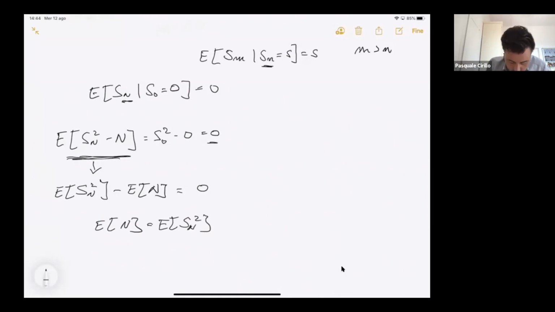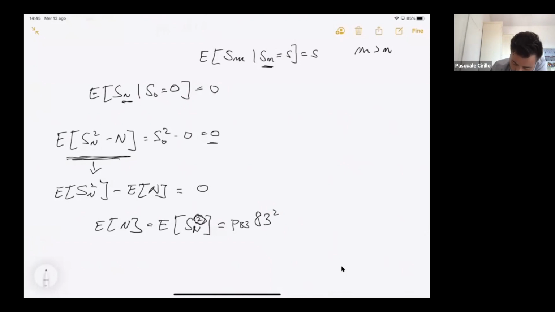So let's see what the expectation of Sn squared is. It is the probability that at time n I am in state 83 times 83 squared. Remember that we are looking for the moment of order 2, so we have to square the payoff.